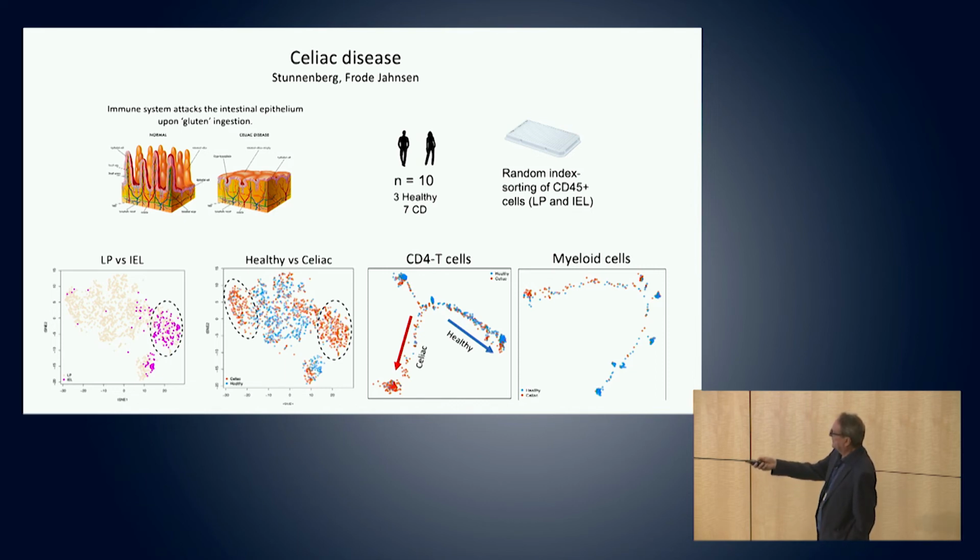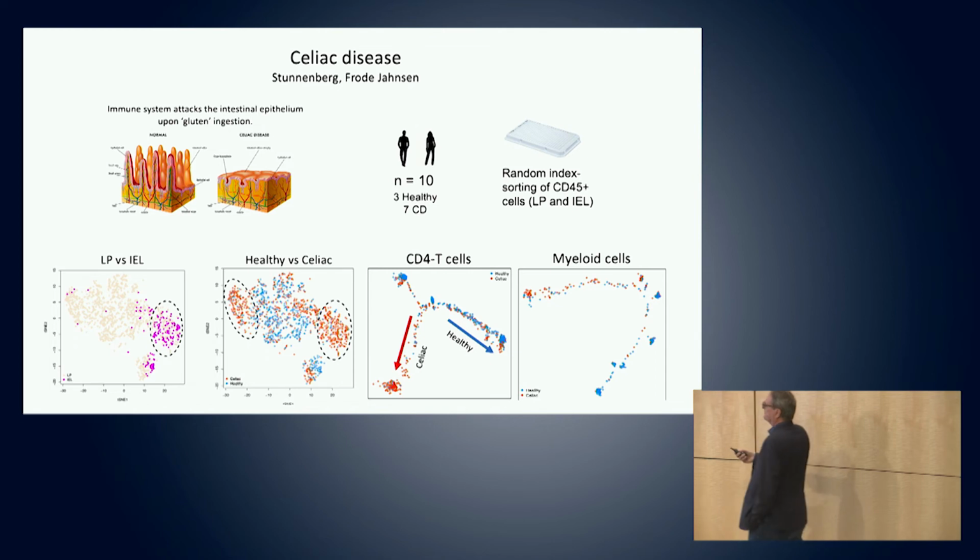And you see that they start off in the CD4 T from a progenitor group, and then there's a bifurcation at some point into a healthy and a disease route.